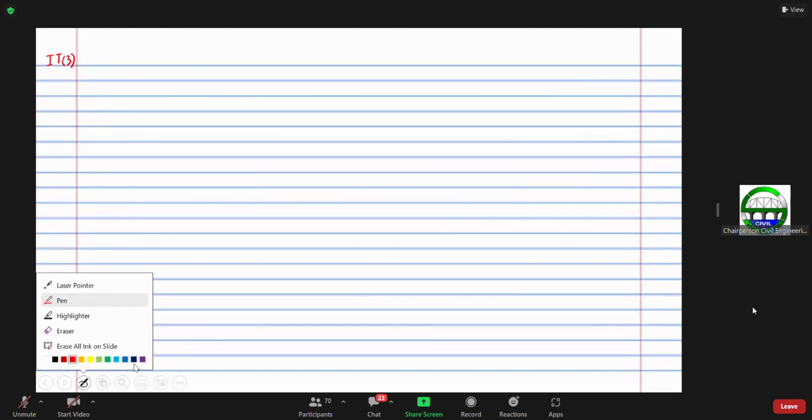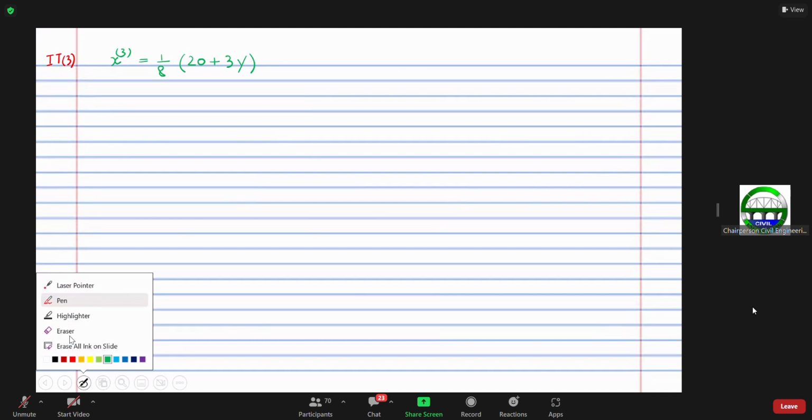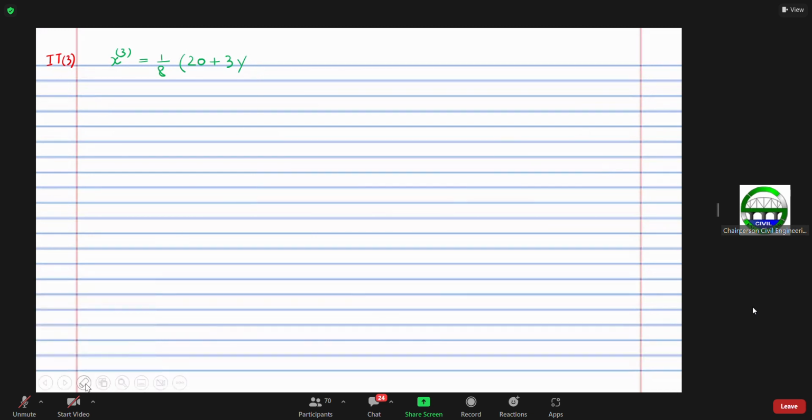In iteration number 3, I would say in the third approximation, x3 will be equals to 1 by 8, 20 plus 3y minus 2z.